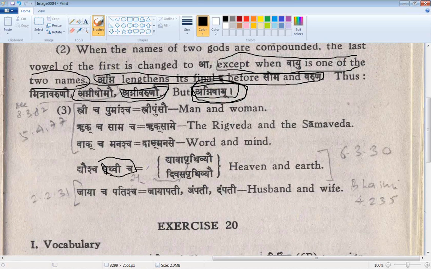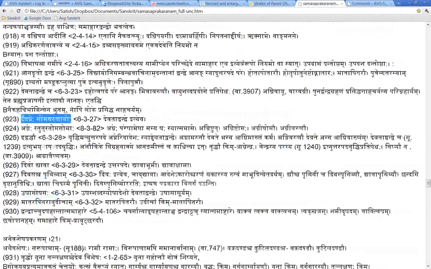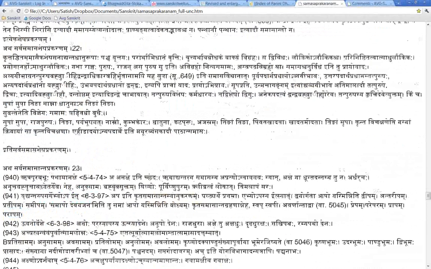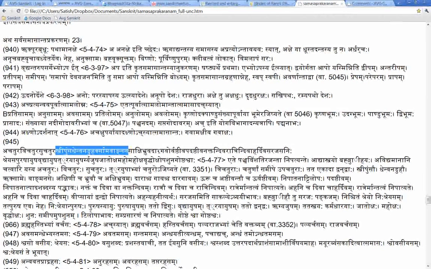In that 5477, among the 11 Dvandva Samasaha, the first three are Itaritara Yogaha: Stri Pumsa, Dhenvanaduha, and Ruksama, Vang Manasa. Then from there he starts with Akshibhru, and these are going to be Samahara.